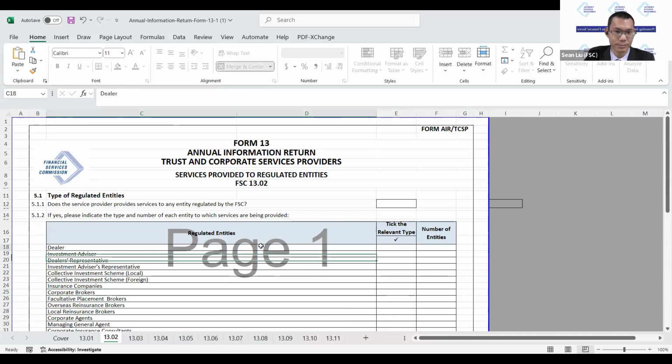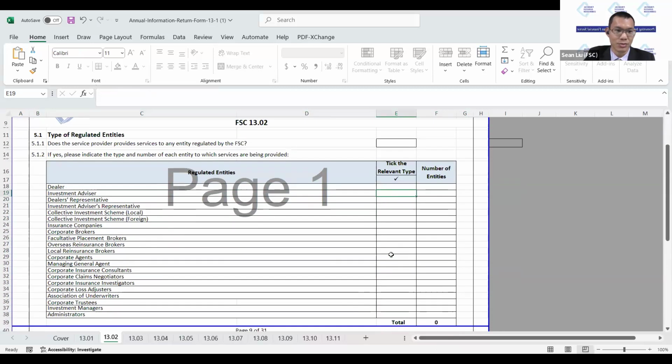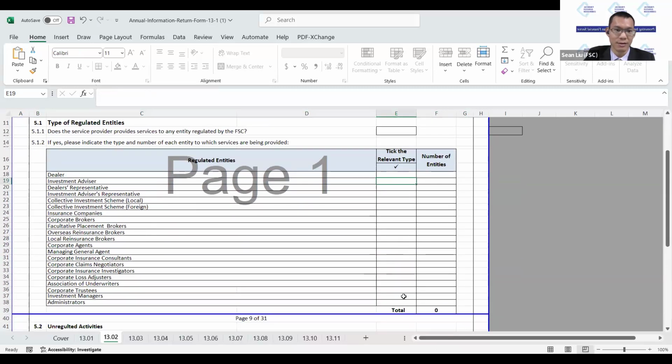So for example, if any entity provides services to, say, an investment manager or administrator, a pensions investment manager or administrator, you just copy the tick here and you put it here, and you just indicate the number of entities that you provide said services to.